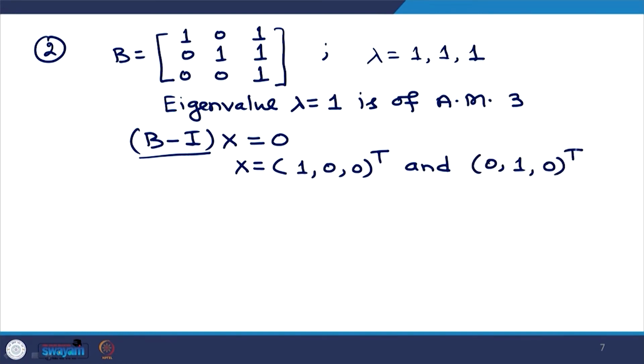You can calculate it. So, now the geometric multiplicity of lambda equals 1 is 2.